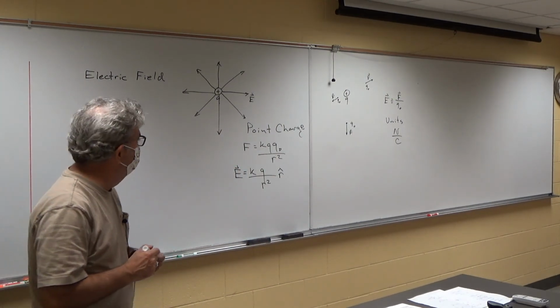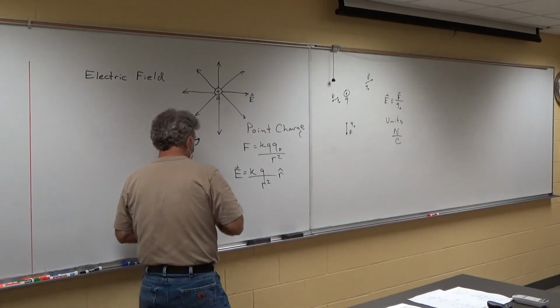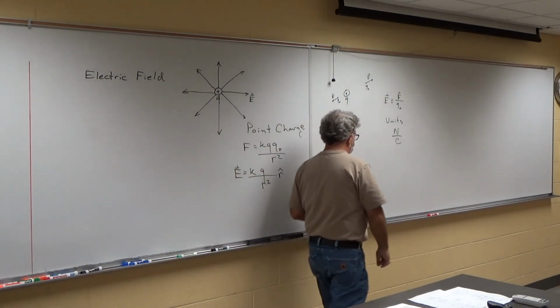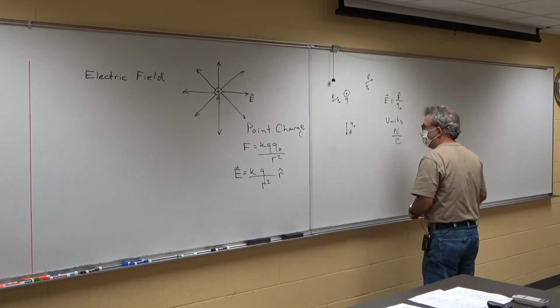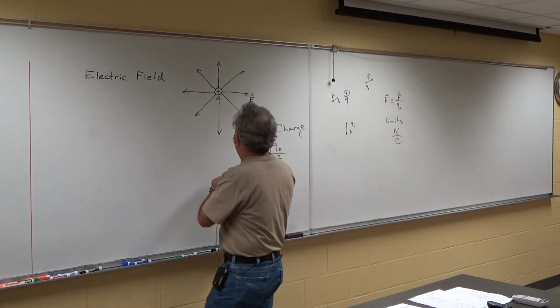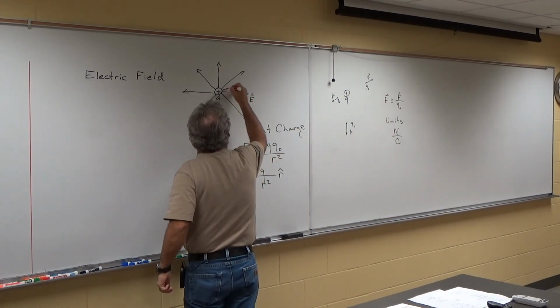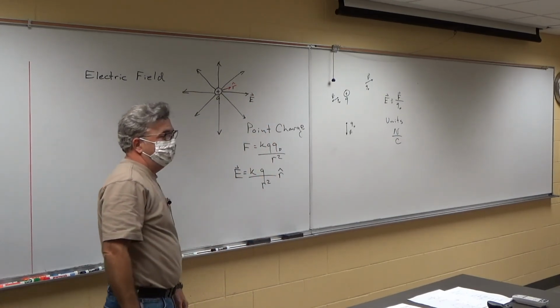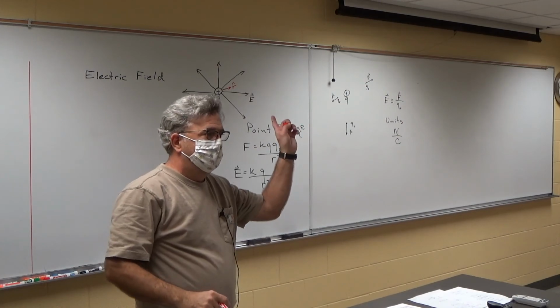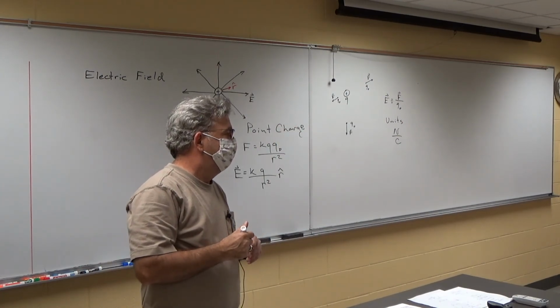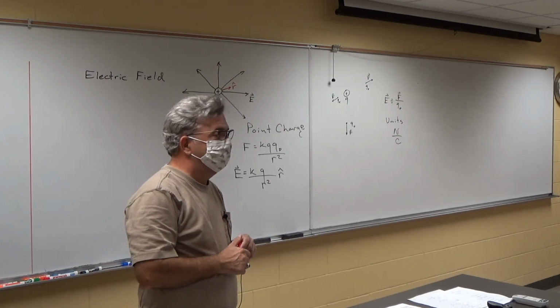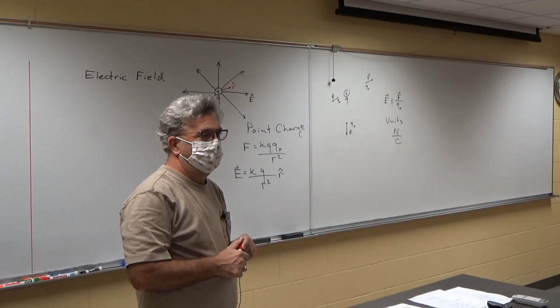R hat is that little radial vector. It's that vector that points radially outward, and it defines the direction of the radius or the radial component, in polar coordinates.